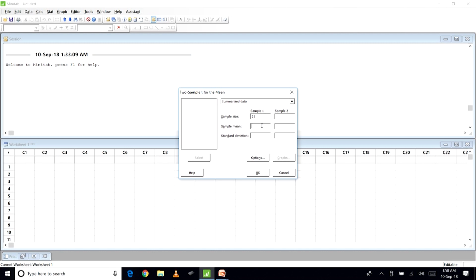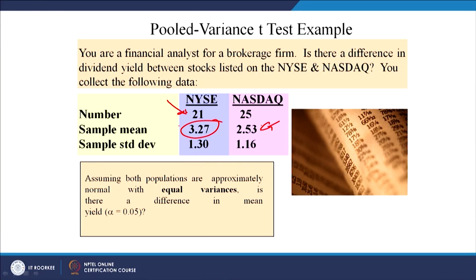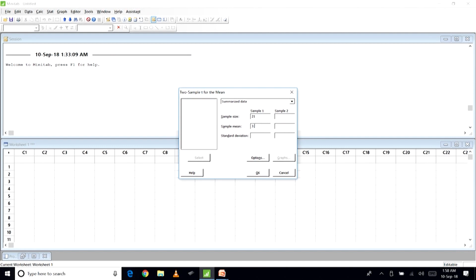it is 3.27 and the standard deviation is 1.30, right. Similarly, you need to enter data for sample 2, right.